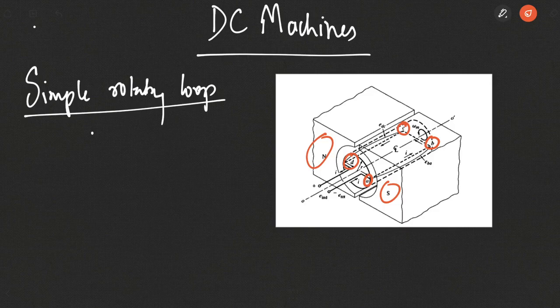This is a fairly simple case, wherein we have placed a single turn of coil between magnets. The real motor or generator will look somewhat different from this, but we'll start with this single loop of coil to understand how a DC motor or a DC generator basically works.